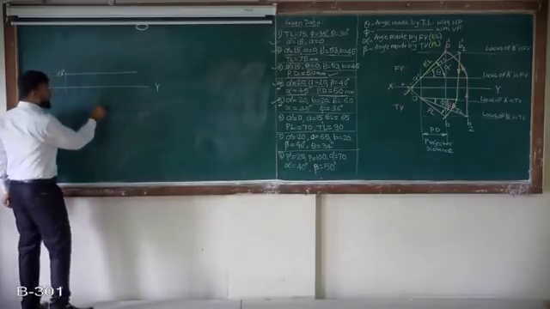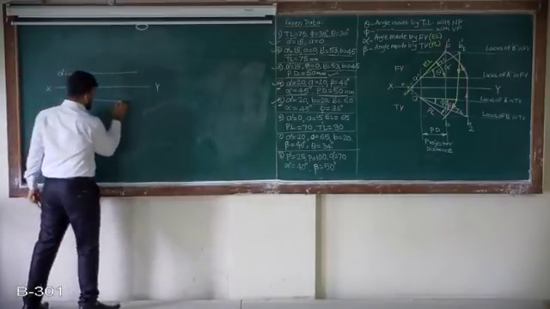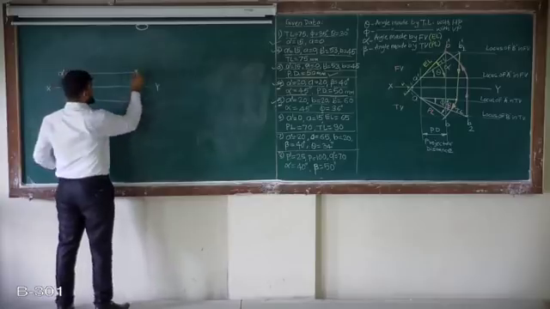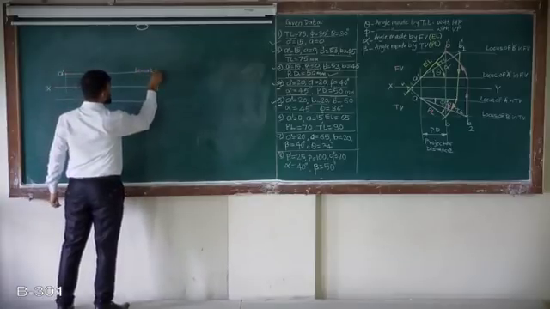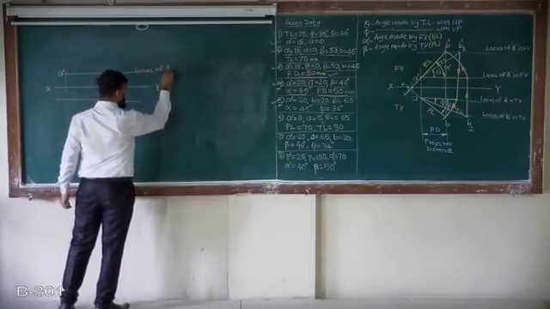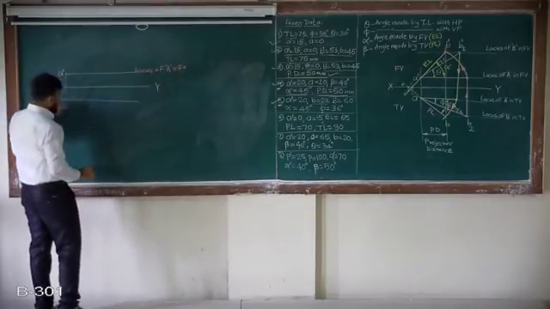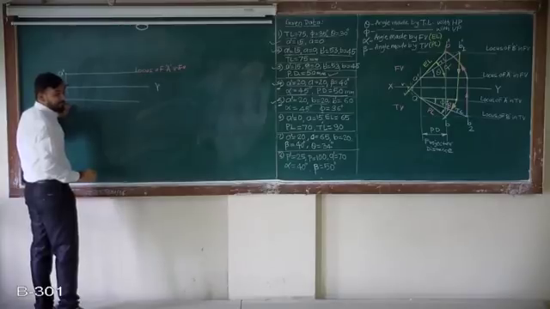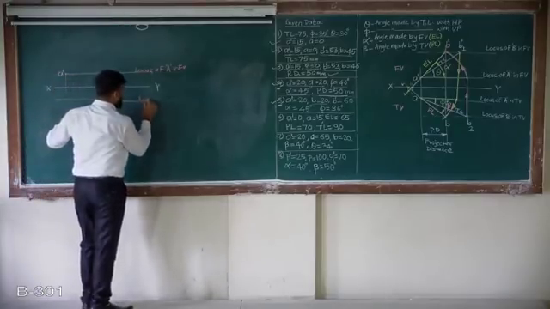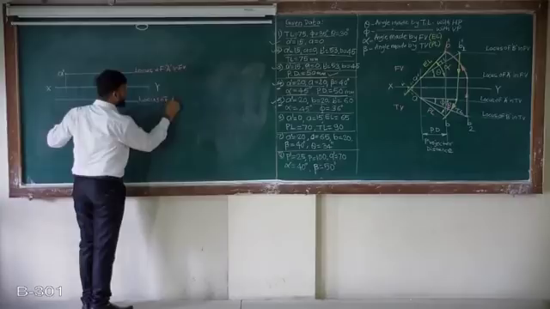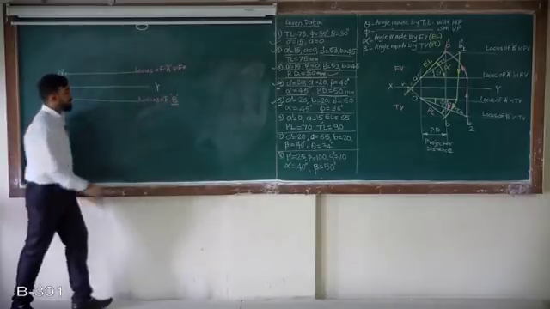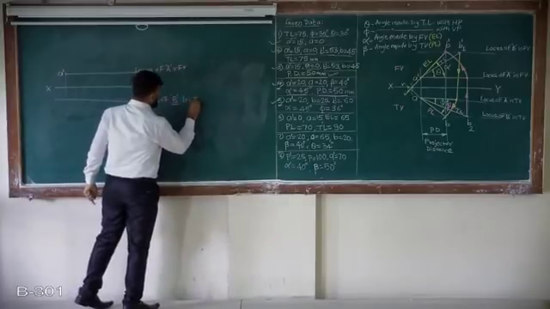Means below XY I should mark the locus of point B. So remember, very important thing: now, this is the locus of point A in front view, so that is A dash. This is not the locus of point A from VP, it is the locus of point B. Very important. It is the locus of point B in top view.